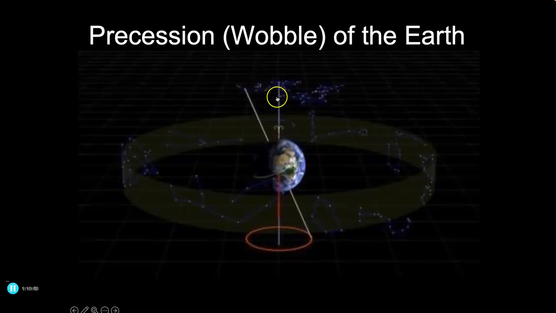And once you know where the North Pole was aligned, either thousands of years in the past or thousands of years in the future, then you can say, well, if the North Pole is here, the rest of the sky would have been in these positions, at these right ascensions and declinations. And then you can tell where everything is.